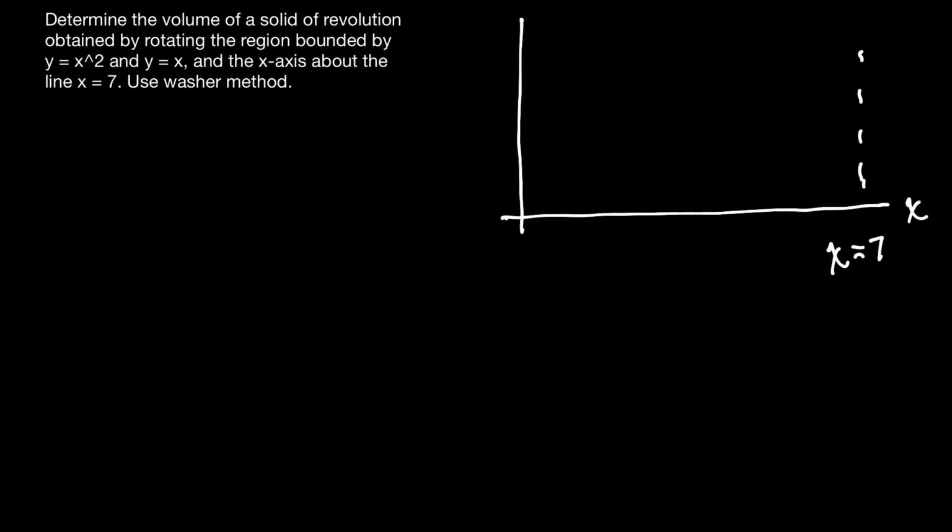So this is the x-axis. This is the y-axis. And let's see, our curves were, I think I went red on the x squared. So that would be y equals x squared. But if I'm going to do washer method, let's draw them both in there first.